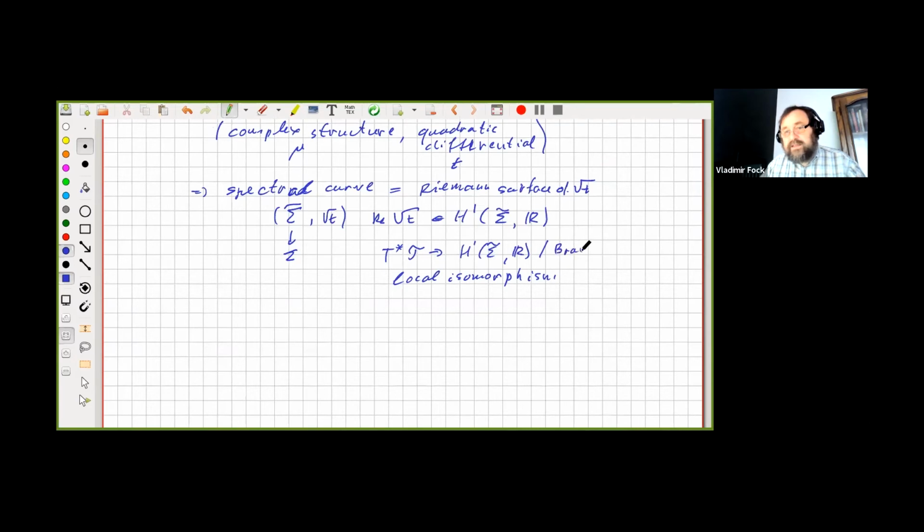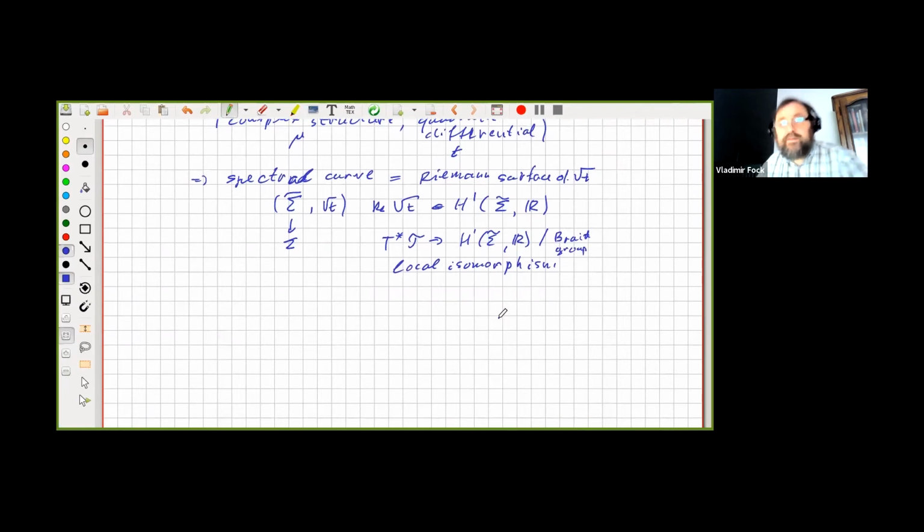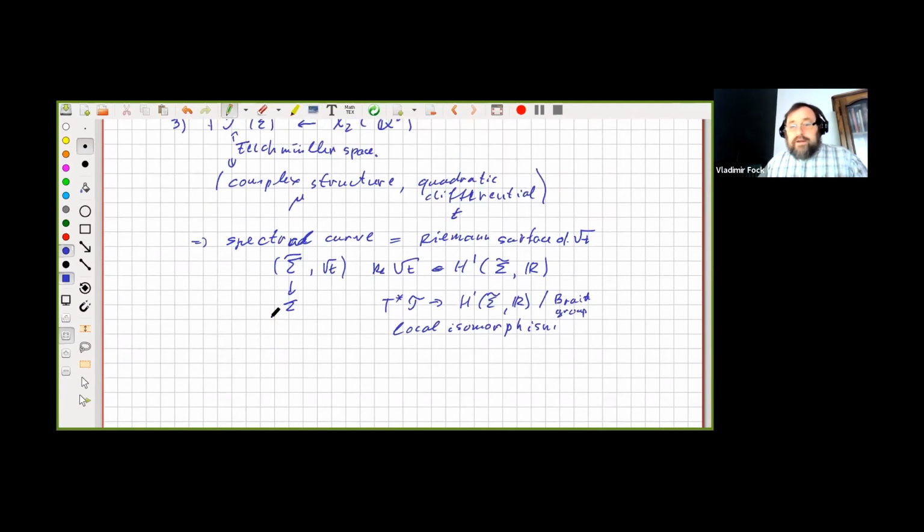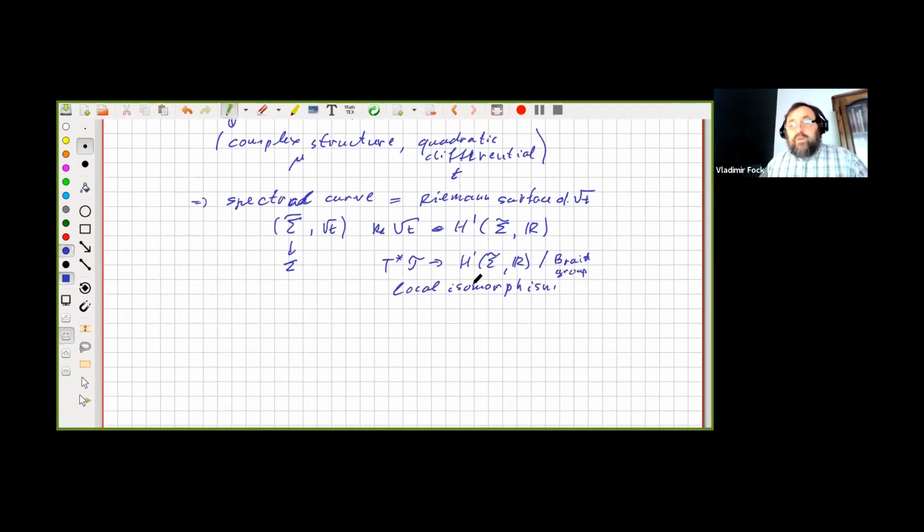So we consider the two-fold covering quotient by the braid group action. So far it's just a correspondence. Now, what is the lamination? This is a local isomorphism.